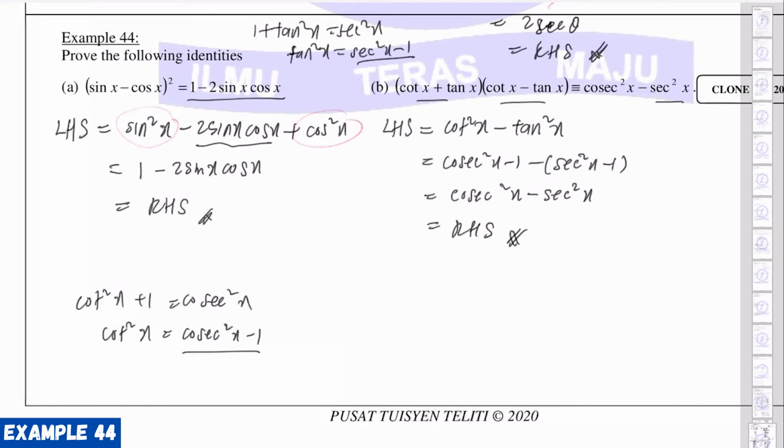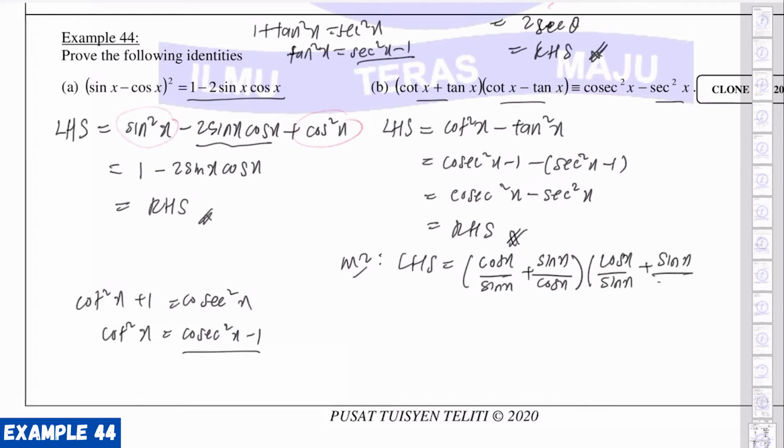Okay? Now, if you think you cannot remember this, you can always change everything to sine and cos. Now we know cotangent is cos over sine, right? Tangent is sine over cos. Okay? And another cotangent, cos over sine, and sine over cos.